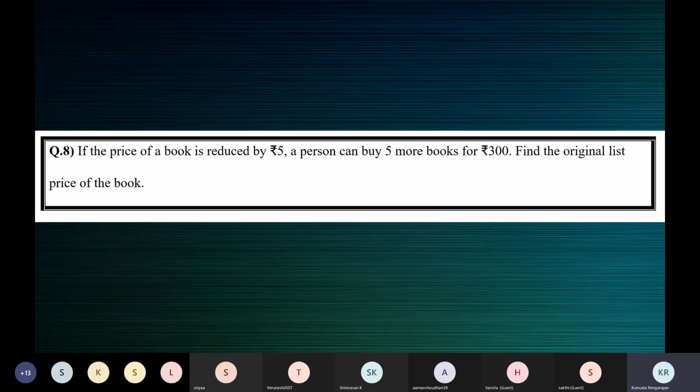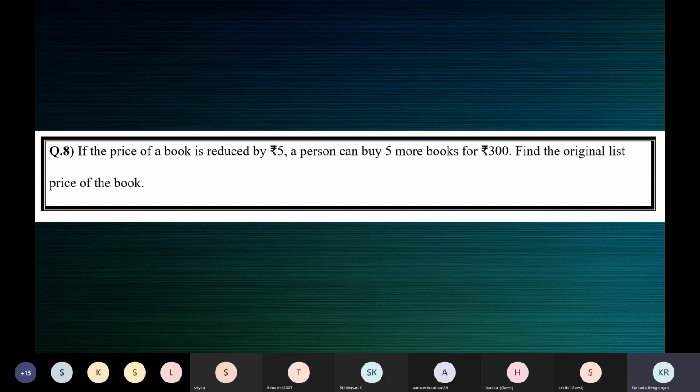Like how when speed is less, the time taken is more, here when the price is less, you can buy more books. When the price is more, you buy fewer books. Like how speed and time are inversely proportional, here the cost per book and the number of books you can buy are inversely proportional.